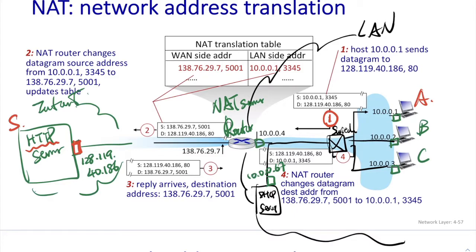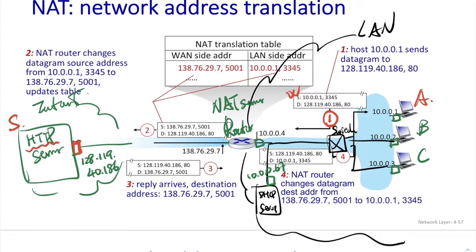So the packet, the datagram, the source is 10.0.0.1, source port number 3345, destination IP address 128.119.40.186, and destination port is 80.